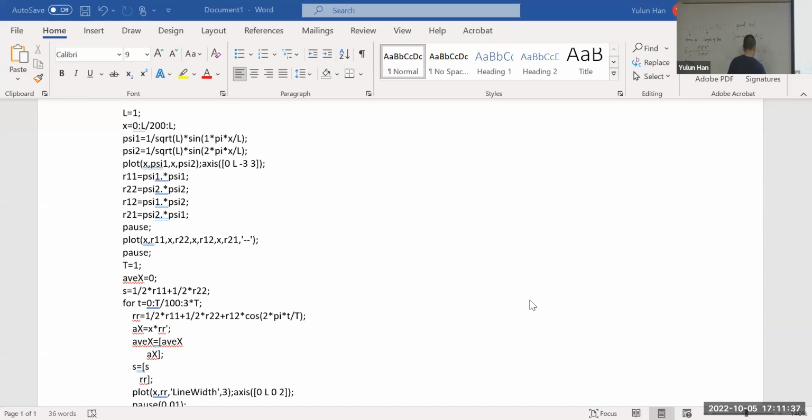So this is our initial condition of the wave function. This is just the expansion coefficient. 50-50.